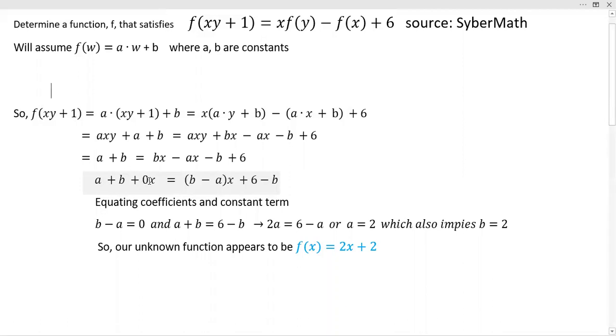But in any event, it may look superfluous here for me to put the 0x here, but hopefully you can see why that's important. It makes it very clear that you're going to have to equate this 0 with b minus a. 0 is the coefficient of x on the left-hand side, and b minus a is the coefficient of x on the right-hand side. I remember people used to be bothered by that when I was teaching this.